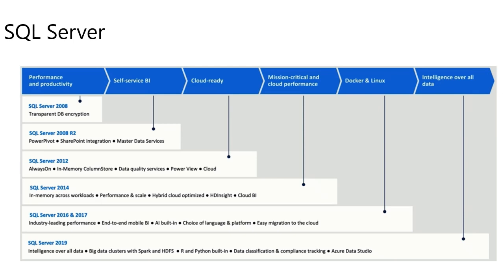Those are SQL Server 2016, 17, and 19. So all the features and the points that we will discuss today are mostly based on these three versions, as well as managed instance and Azure SQL database.